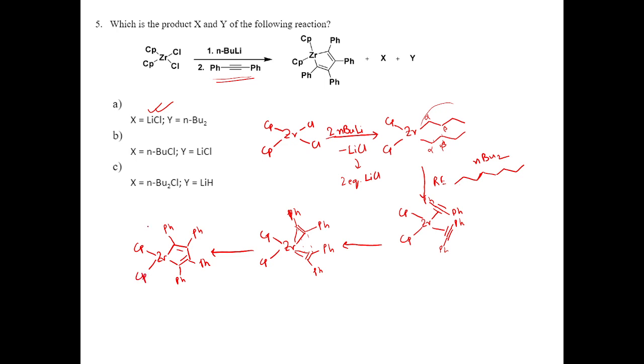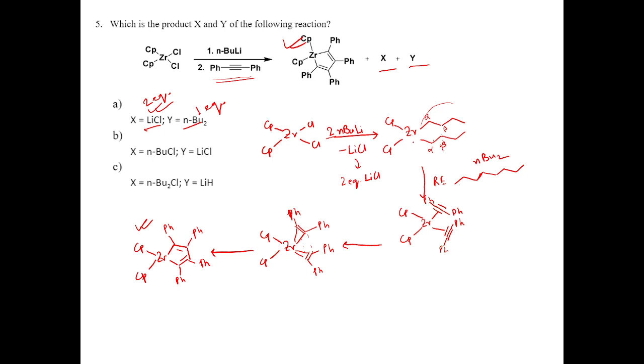So this is your product, and what will X and Y be? X and Y will be this one and this one. More specifically, two equivalents of this and one equivalent of this, because this is the product of the reductive elimination reaction.